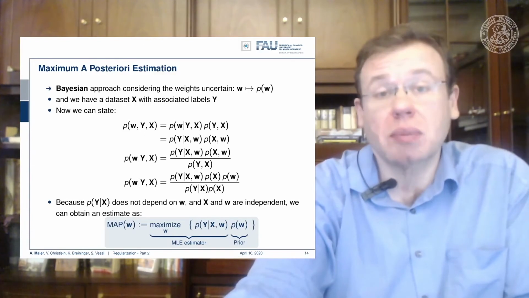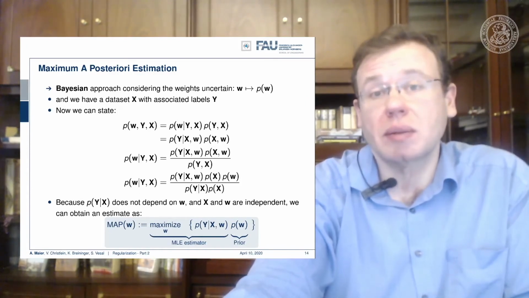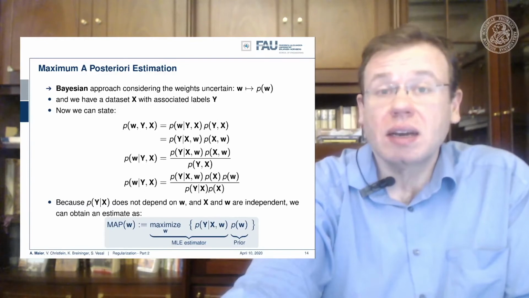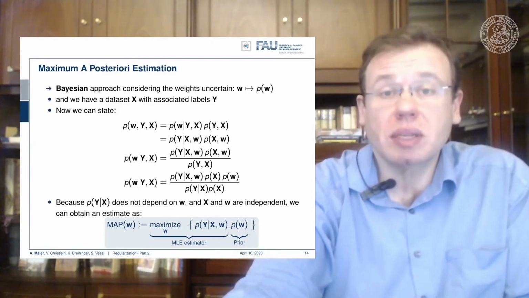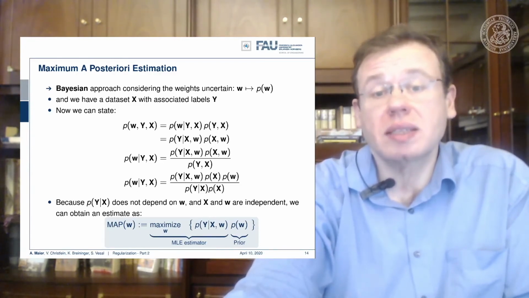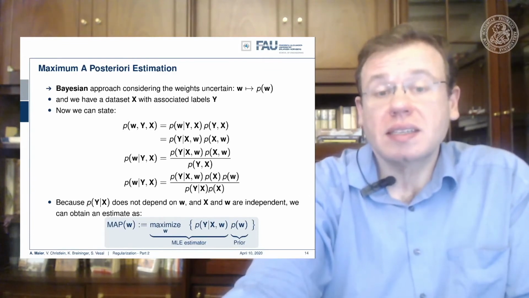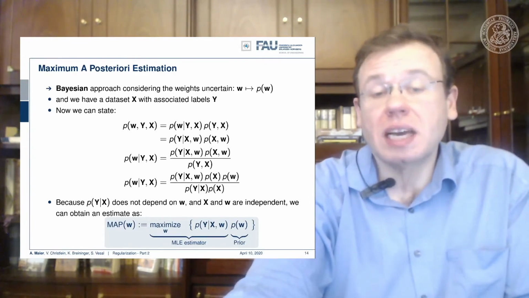For example, W could be sparse, or we could draw some other source of knowledge where we learn something about W. In image processing, what is used very often is, for example, that natural images are sparse with respect to their gradients. So there are all kinds of sparsities that can be employed by such a prior in typical image processing problems. Now the interesting part is that this MAP estimator can be reformulated, and if you attended pattern recognition, you know what I'm talking about.